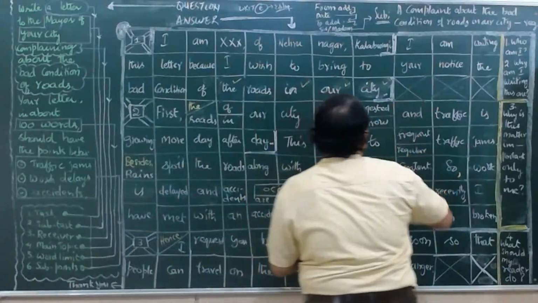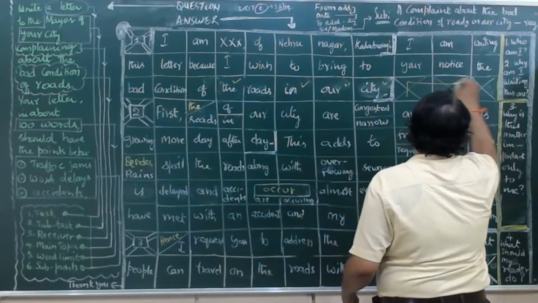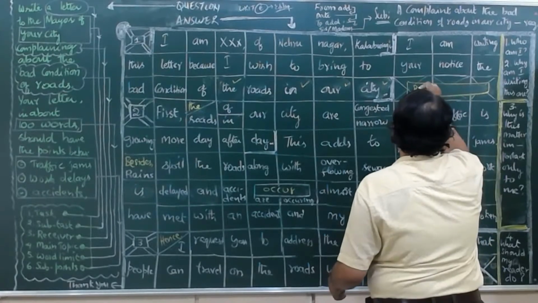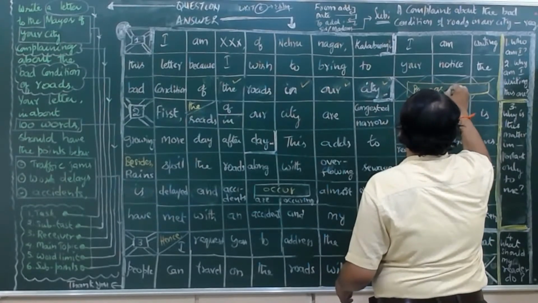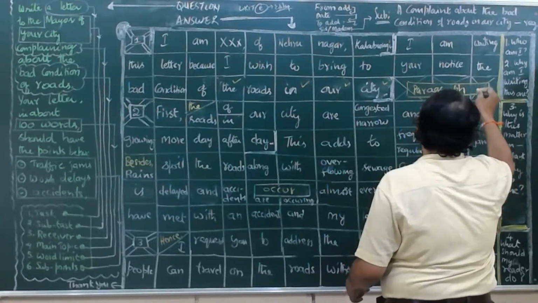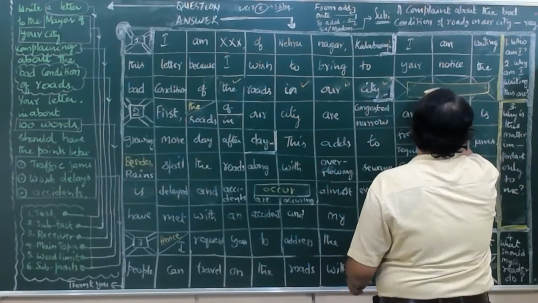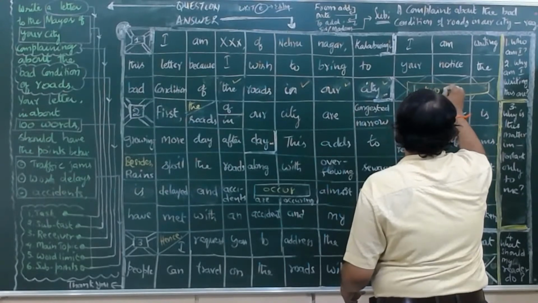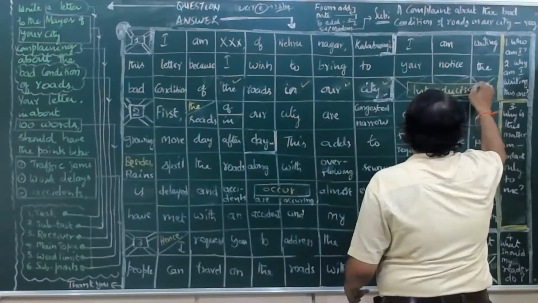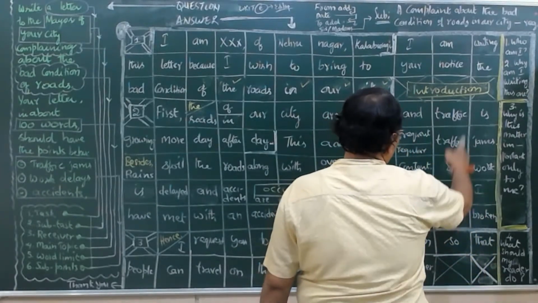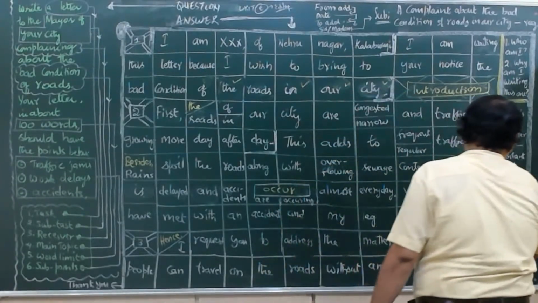So this part I indicate as paragraph 1. This is paragraph 1, as I have already written there. What is paragraph 1? This is the introduction. I wish to tell you one more thing, and of course this is the development. You can see, let me write it here.